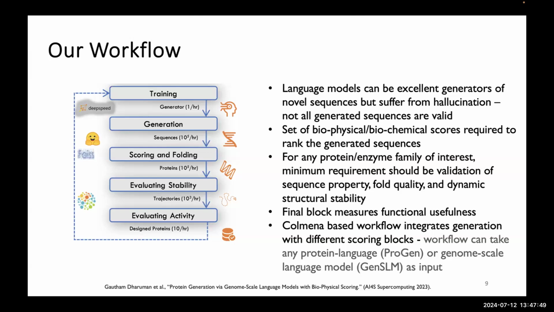The rest are discarded, and from the ones that are kept, the user can further filter the top, say, Q% for sending down to the final evaluation block, or the functional evaluation block, which computes the activity of the structure. In this case, I'll be showing the results for a certain enzyme called malate dehydrogenase. So we are just doing the surface reactivity for that.